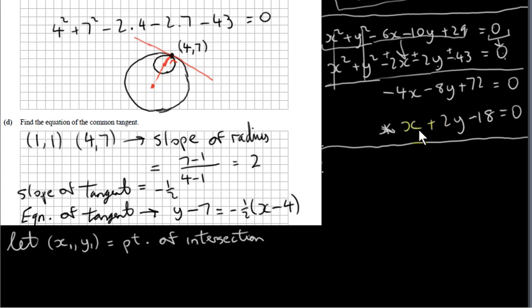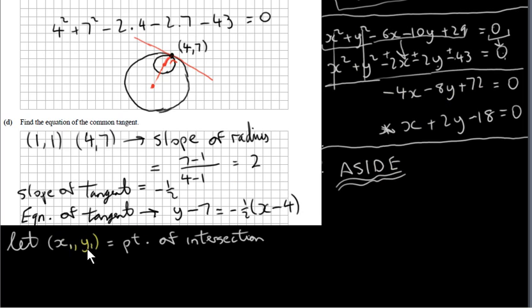Now to explain what I just did more fully, I will let x1, y1 be the point of intersection of the two circles. Now everything I'm going to do next is an aside, so you can ignore it if you like, but I just want to give a full justification for the method that I used to get the common tangent to the two circles.